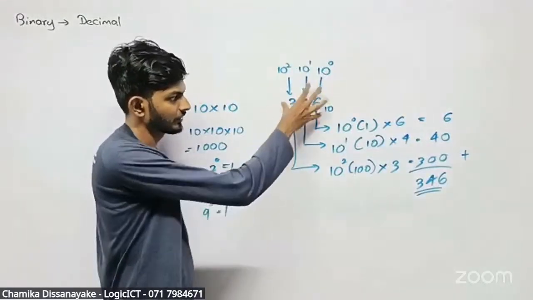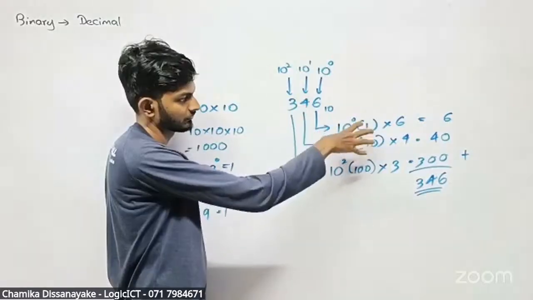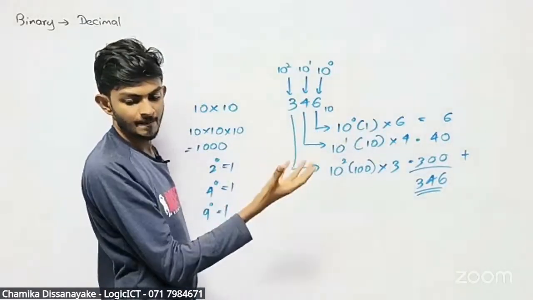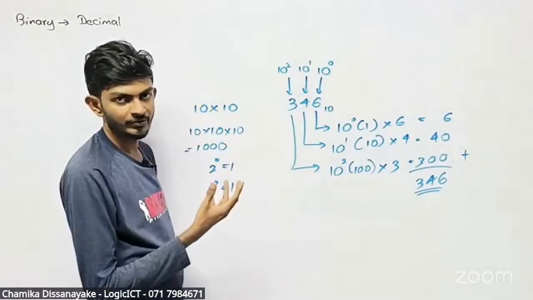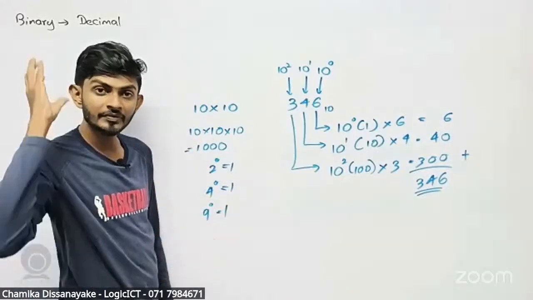So if we have a decimal number and we write all the digits using the weighting factors and do these calculations, you can see we have the same number. This is the method when we are doing the other calculations.